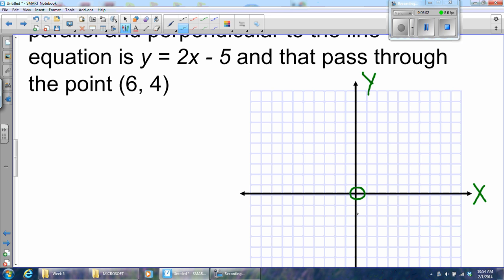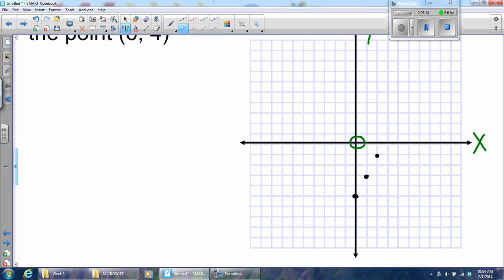I got a y-intercept of negative 5, 1, 2, 3, 4, 5. And my slope is 2 over 1. Okay, and so we are going to draw this line in here.